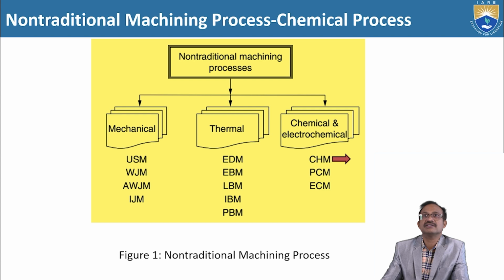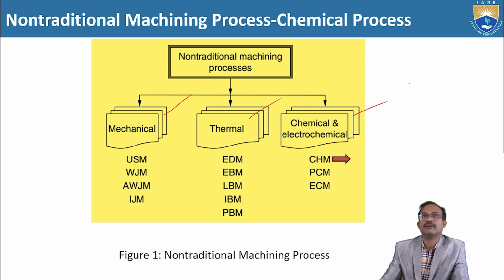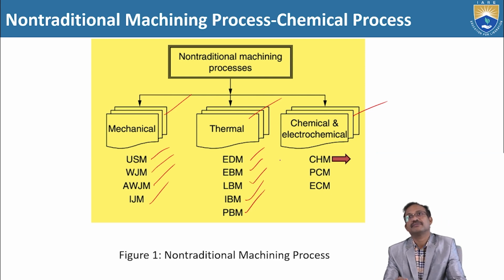Non-traditional machining processes are broadly classified into mechanical, thermal, and chemical and electrochemical. In mechanical: ultrasonic machining, water jet machining, abrasive water jet machining, ice jet machining. In thermal: electro discharge machining, electron beam machining, laser beam machining, ion beam machining, plasma beam machining.